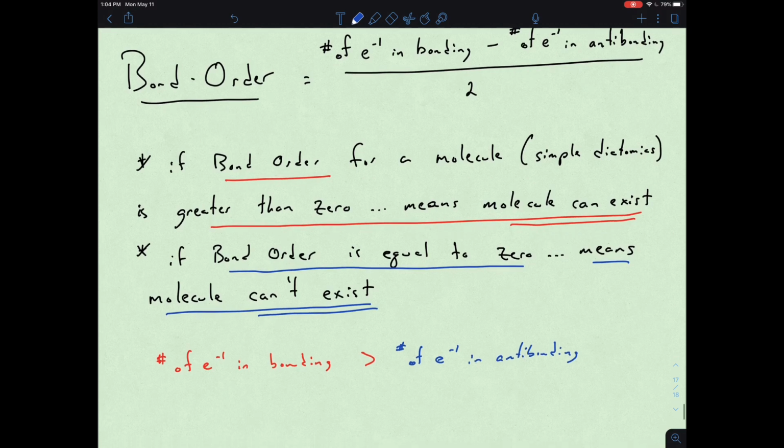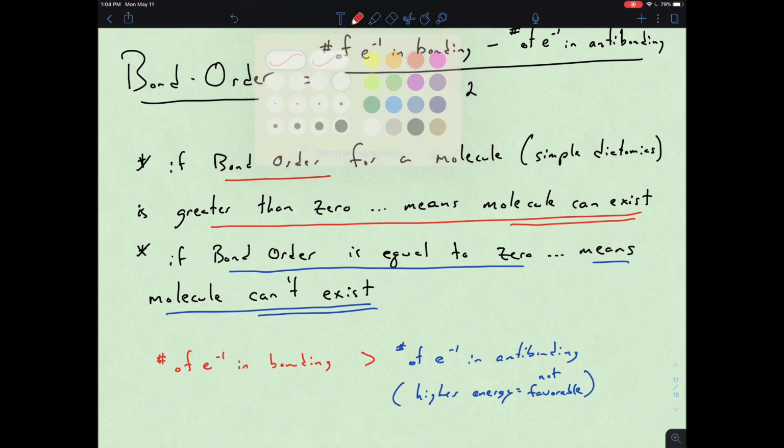The antibonding orbitals are of higher energy, and we could say that is not favorable, while the bonding set is lower energy, and that is favorable.